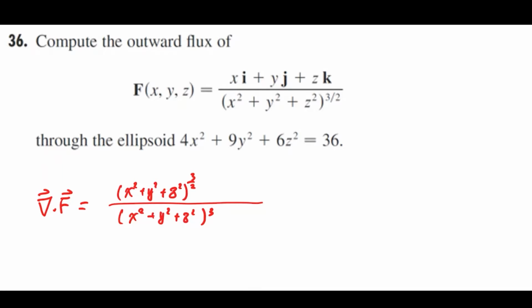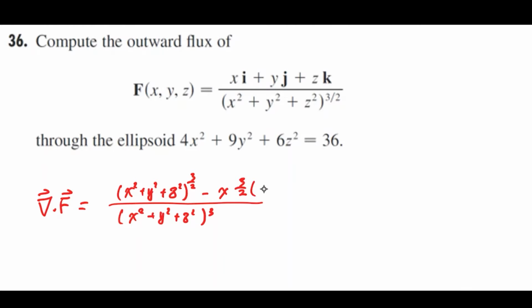So far so good. Minus, and then we have x times derivative of this thingy. Good. Okay, so times 3 over 2.